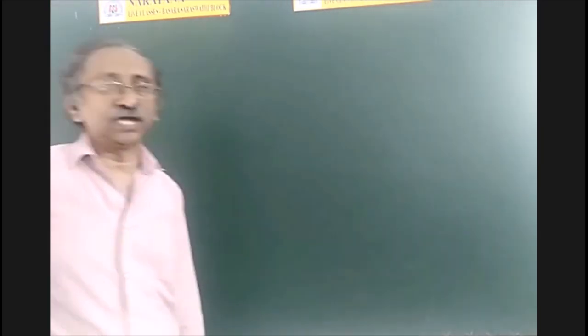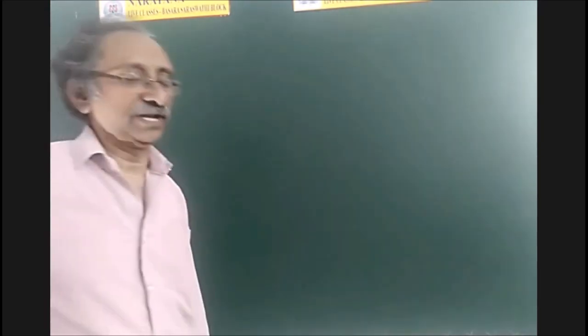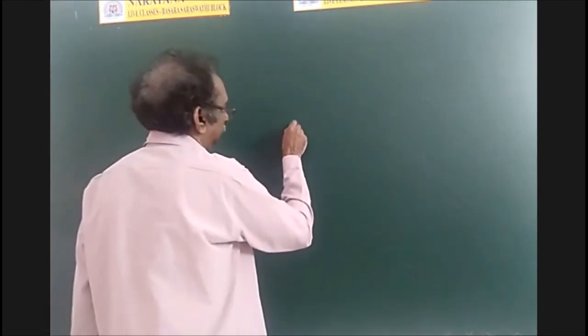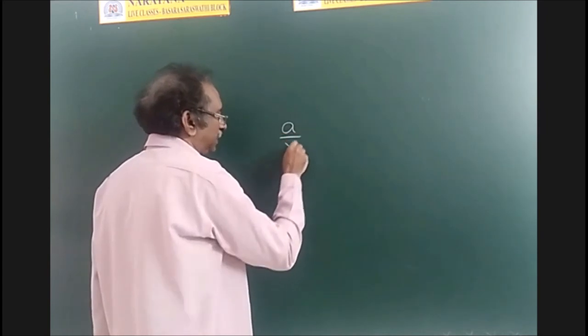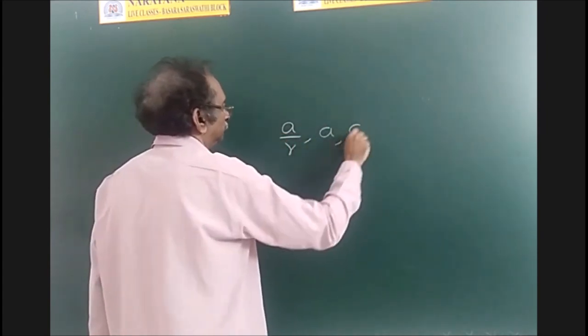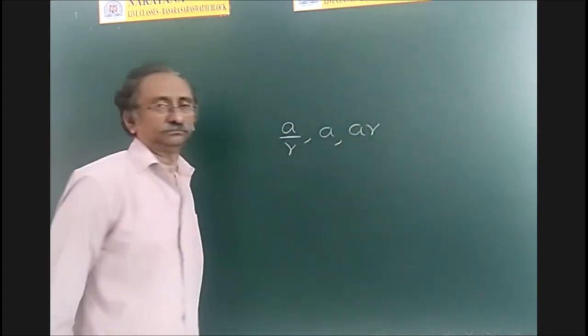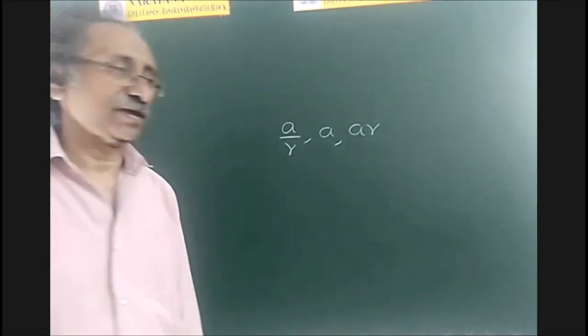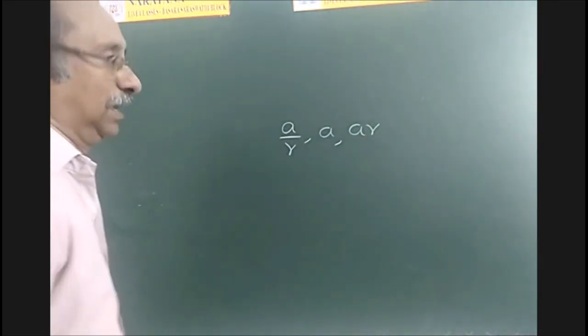If three numbers are in GP, GP means geometric progression, take them as A by R, A, AR.